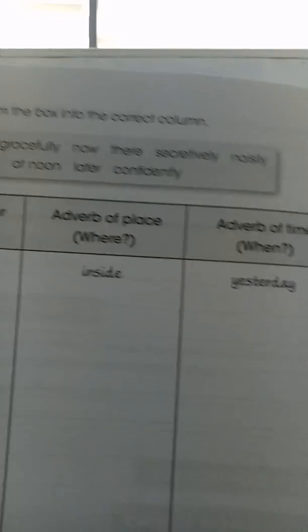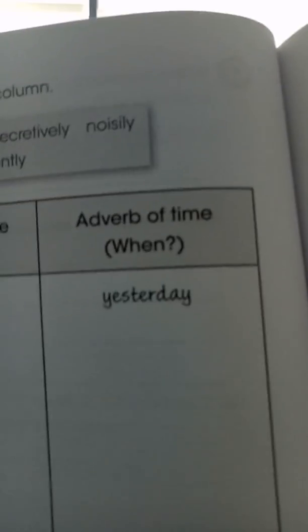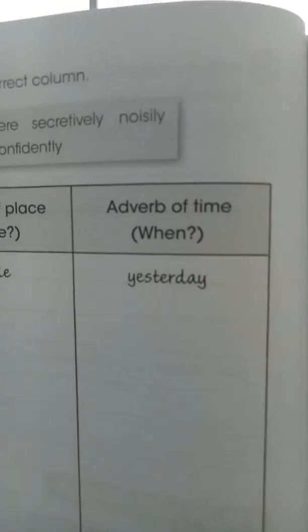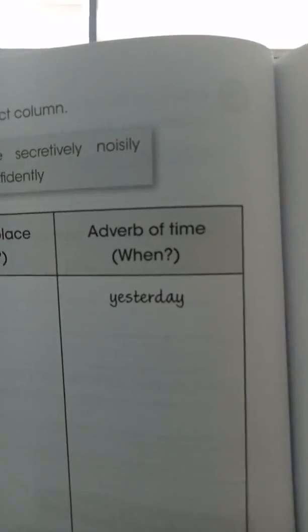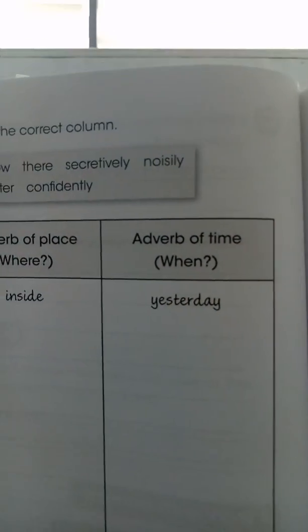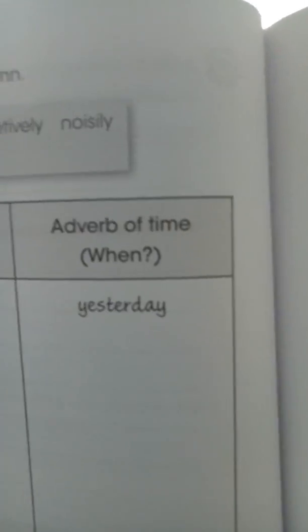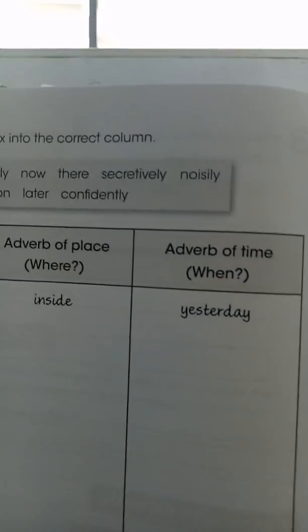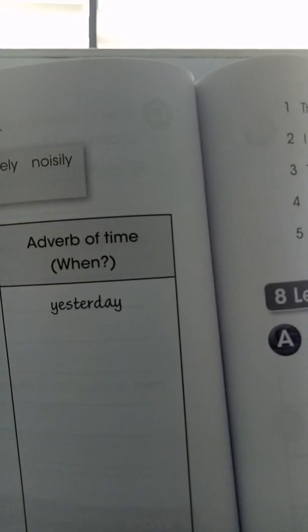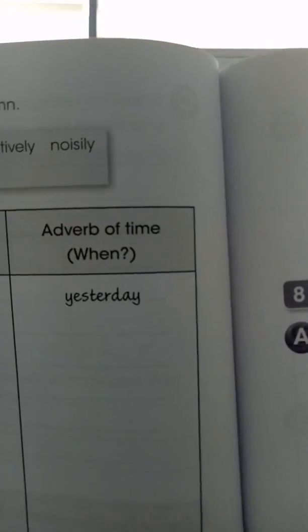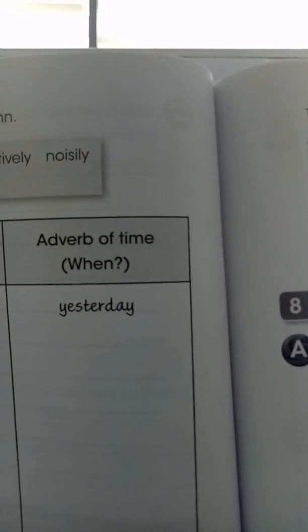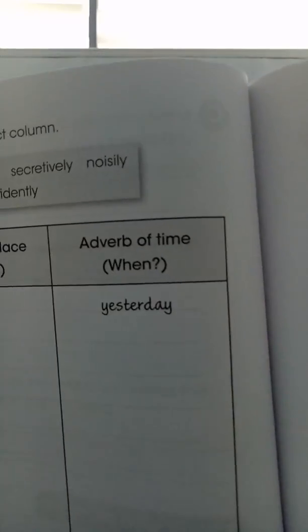All right. Now for the third column, we have adverb of time. It answers the question when. For example, we have yesterday there. Like, we went to the park yesterday. When did you go to the park? Yesterday. We ate lunch late yesterday. When did you eat lunch?